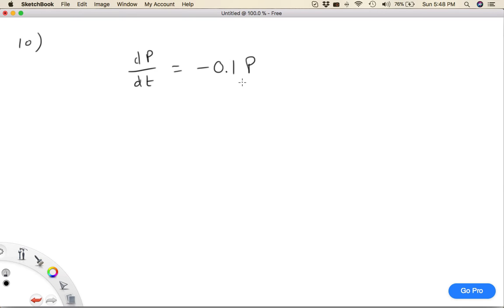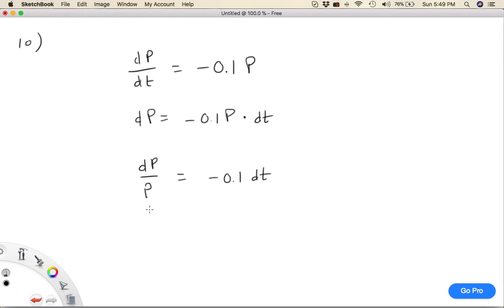So the first thing that we need to do to solve an equation like this is get all the p's on one side and get the t's on the other side. So basically we're going to multiply both sides by dt, so you get dp equals negative 0.1 p times dt. And then you just divide by p, so you get dp over p is equal to negative 0.1 dt.